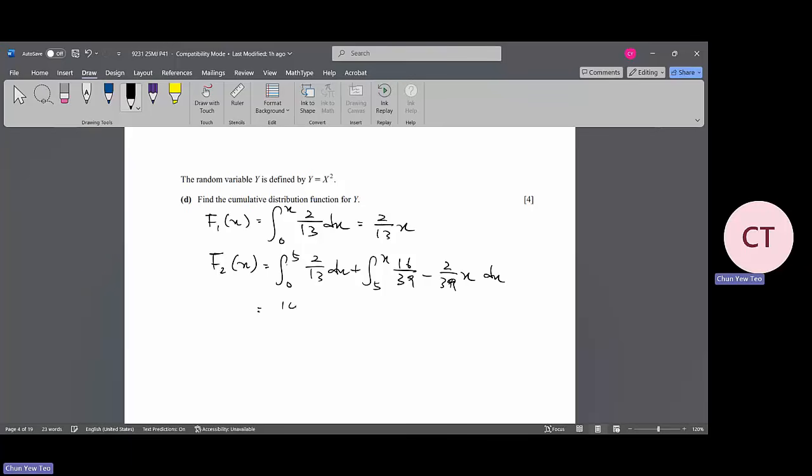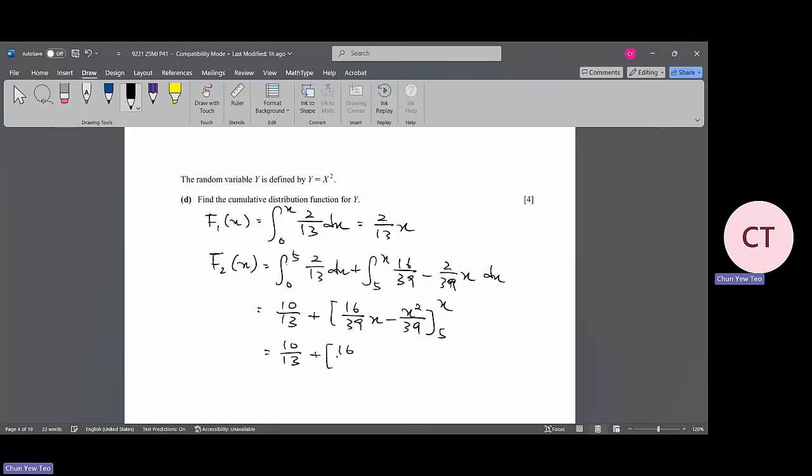So this one is 10 over 13 plus the 16 over 39x minus the x squared over 39 from 5 until x. So we just press the calculator.